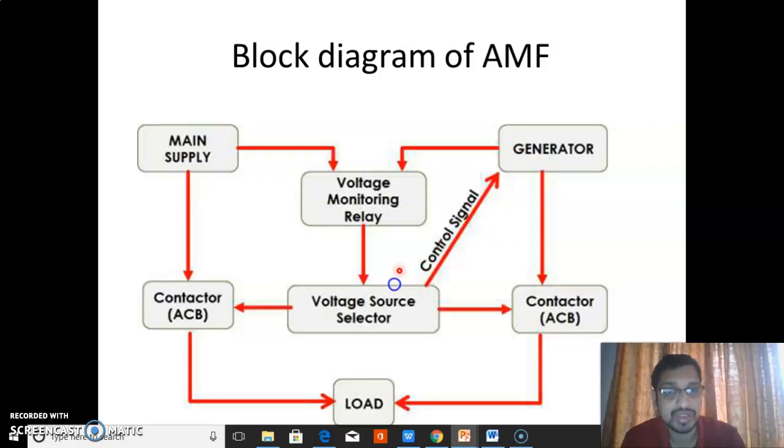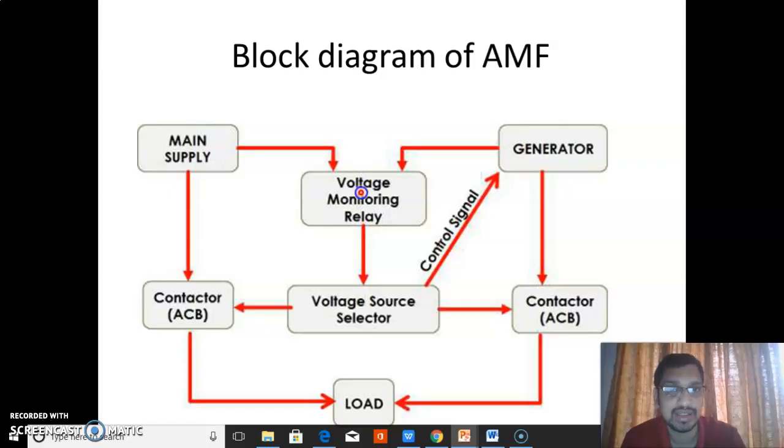The voltage source selector also sends a signal to open the main supply ACB and close the generator ACB. In this scenario, the load gets supply from the generator through the second contactor. Then the power from the grid is restored, meaning the voltage becomes healthy.